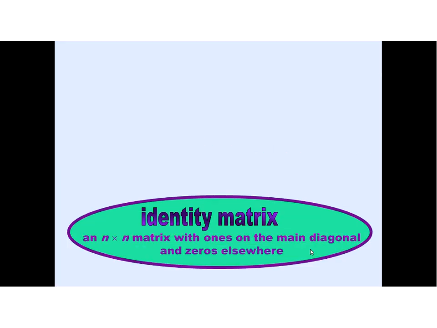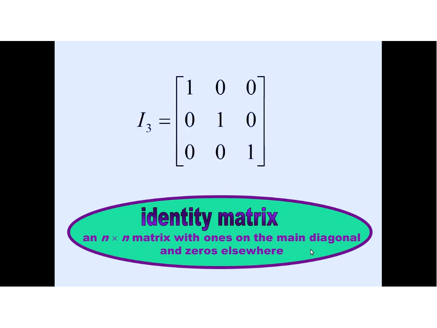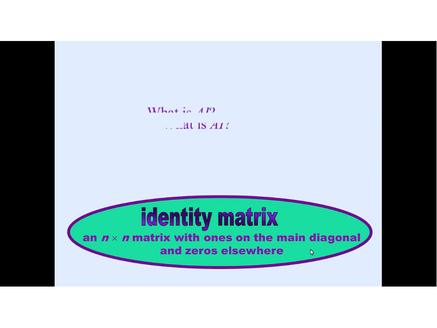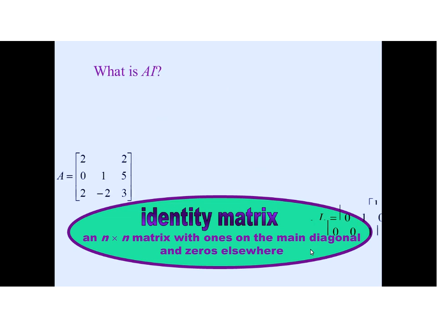Identity matrix. So this is an identity matrix. It is a 3 by 3 identity matrix in which we have 3 rows and 3 columns, and the main diagonal is 1. It is called the identity matrix. And the question is, what is AI?